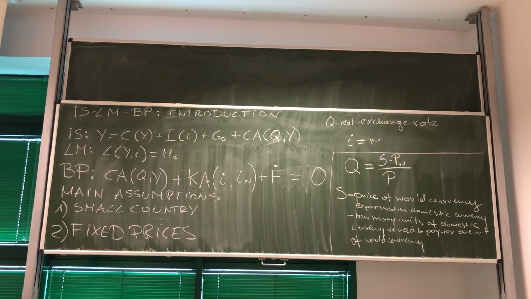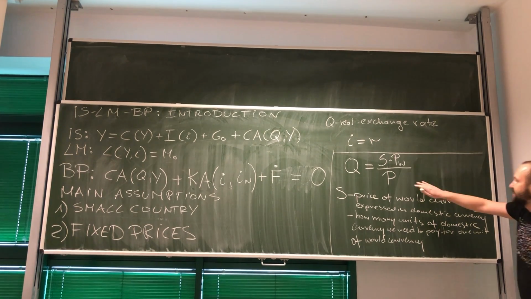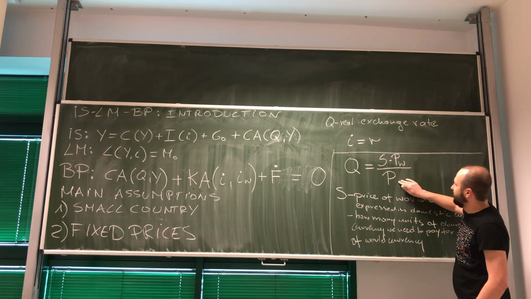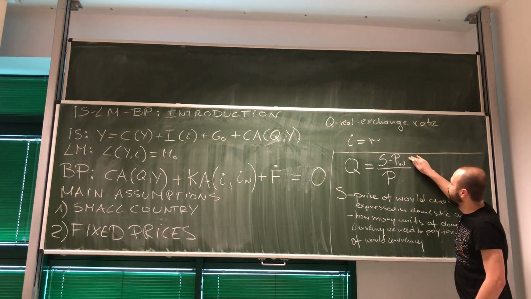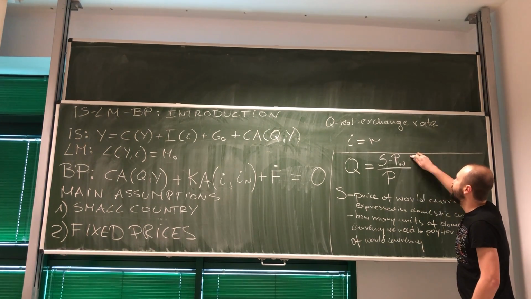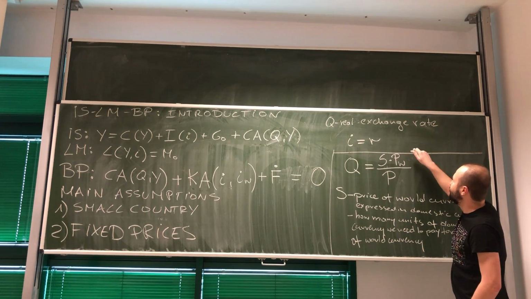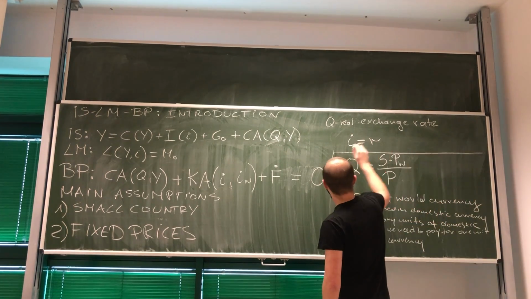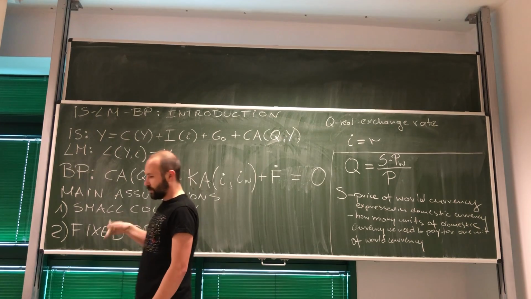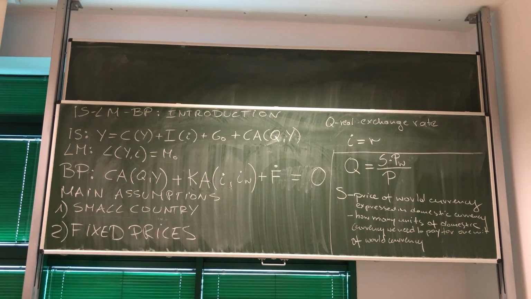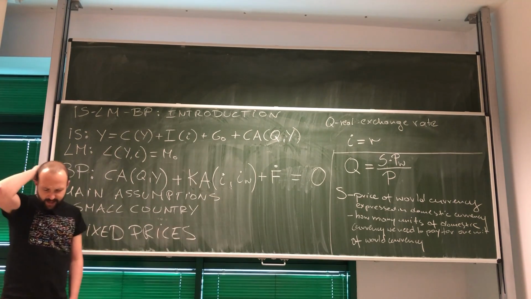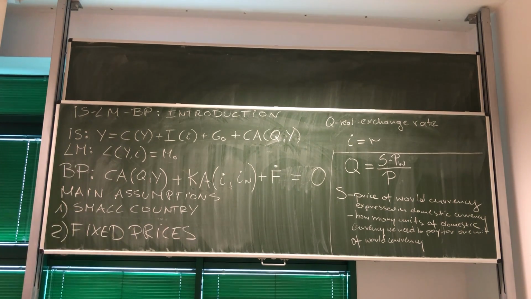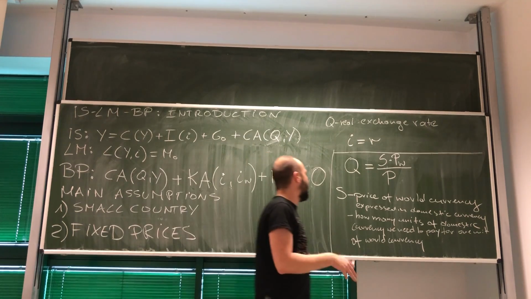Okay, so look, in this case, what do we have here? This is a price level at home, this is price level in the rest of the world, but of course in order to compare them, we first need to exchange prices in the rest of the world into our own currency, and by doing so, we are getting Q, so real exchange rate. Real exchange rate is actually telling us about competitiveness of our economy.